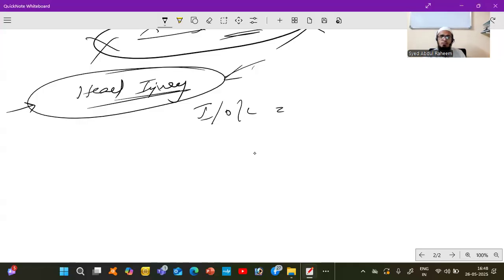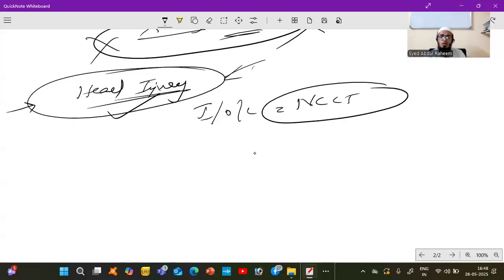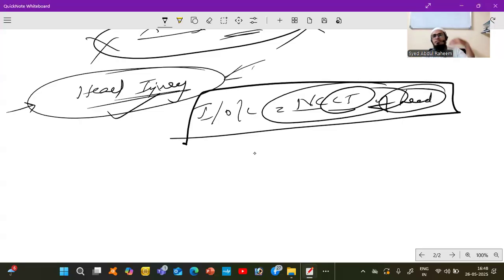The investigation of choice for head injury is NCCT, non-contrast computed tomography of the head or brain. That is the first investigation of choice. After that, according to the condition of the patient, we will go for further investigation.